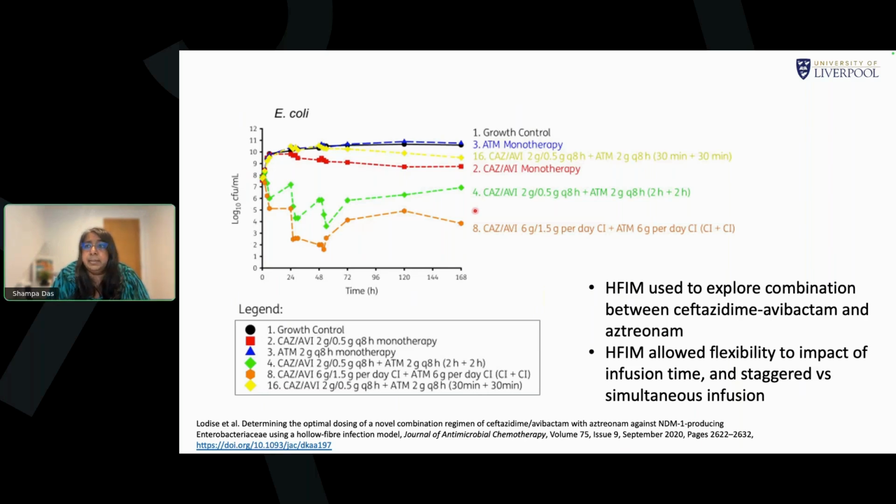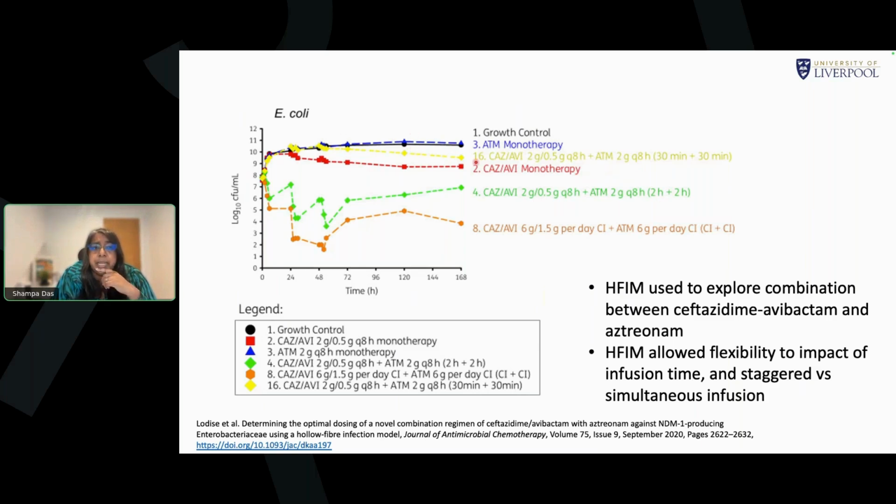So at that time, ceftazidime avibactam was already available. So work here was done in the hollow fiber. So remember, at this stage, we understood the kinetics of both Astraeanam and ceftazidime avibactam, but it was important to know, how do you give this in combination? So a number of experiments were done by these investigators to look at that combination, the doses, and also the infusion types.